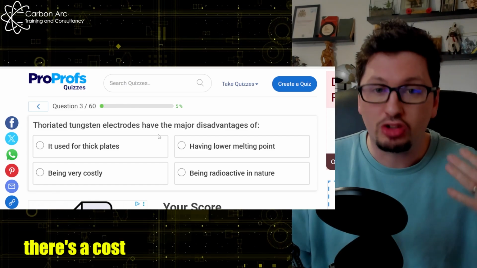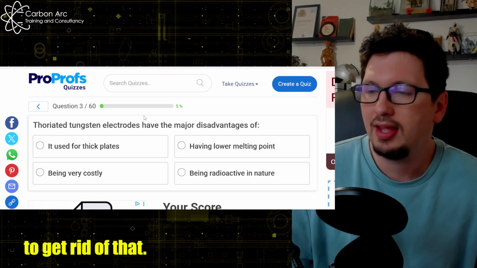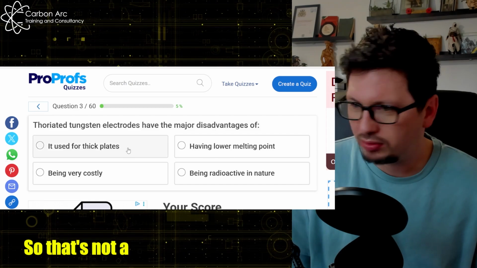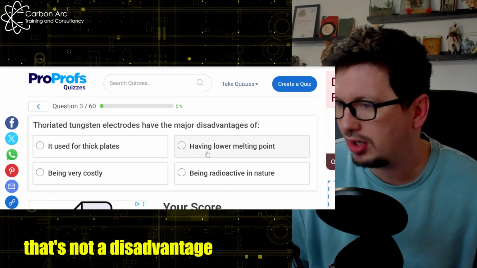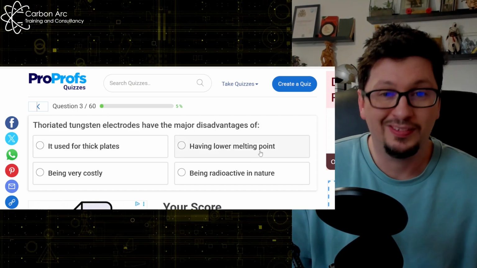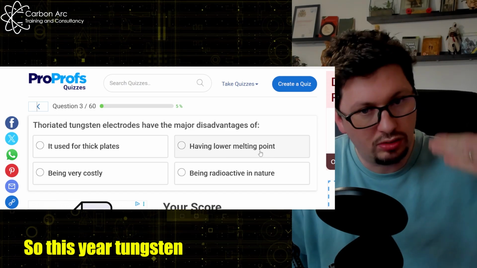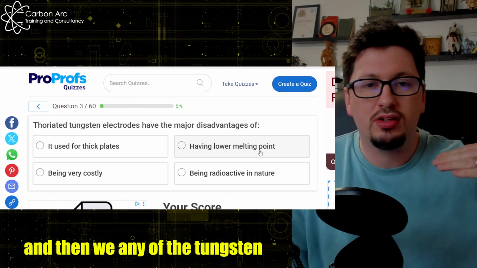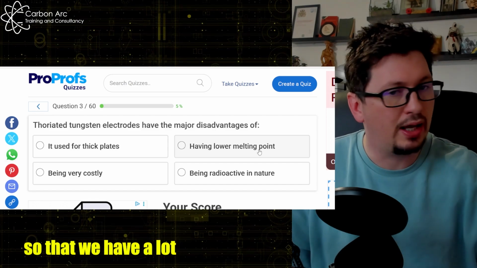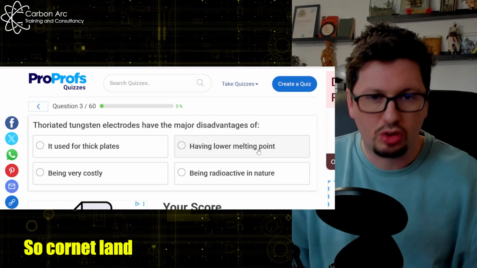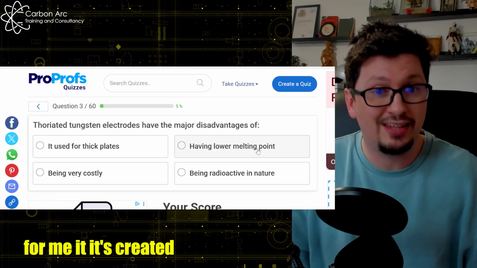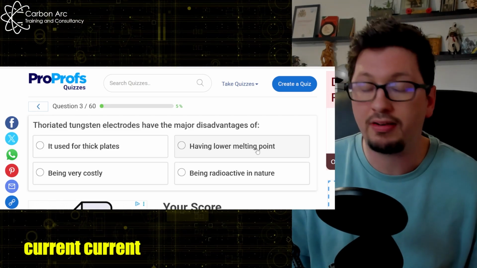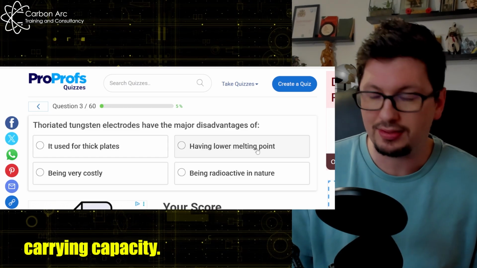I think there's a cost to get rid of that. So it's use of thick plates, so that's not a disadvantage. Having a lower melting point, it doesn't. It has a higher one, so this pure tungsten, and then any of the tungstens which are alloyed, whether that be thoriated, zirconiated, lanthanated, ceriated, they all increase the current carrying capacity.